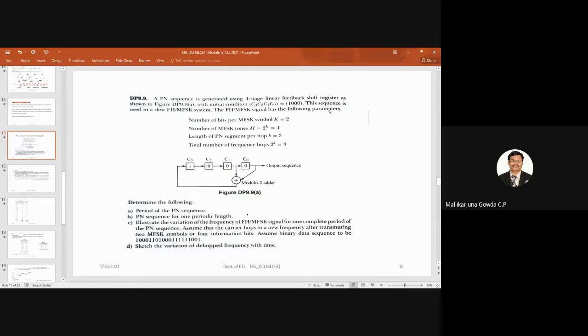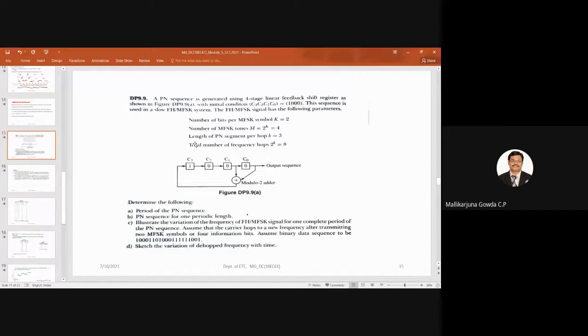It says this sequence is used in a slow frequency hop MFSK system. The FH/MFSK signal has the following parameters. The number of bits per MFSK symbol is 2, okay? Then the number of MFSK tones is 2 power k, where the value of k is 2, which means we get 4 tones.